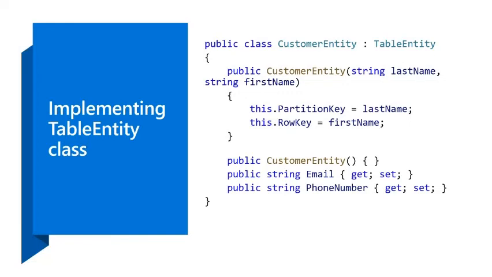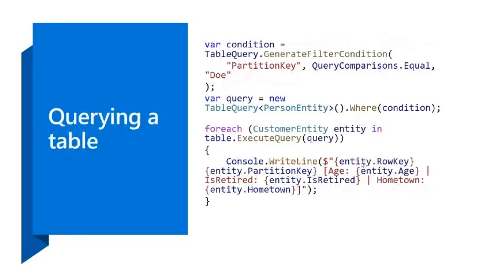A plain old CLR object is a class which doesn't depend on any framework-specific class. It is like any other normal .NET class. Due to this, they are called plain old CLR objects. These POCO classes implement only the domain business logic of the application. So here you see as well, this is the POCO class.